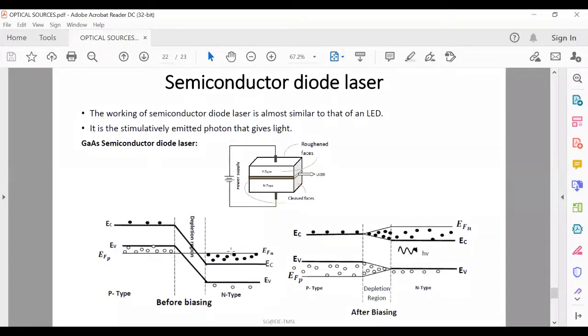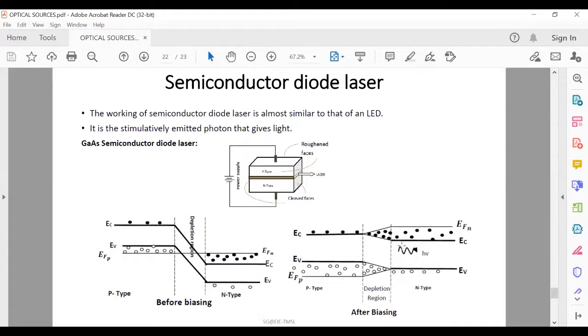Now when the diode is forward biased, the charge carriers are injected into the depletion region, and a large current flows through the diode as it is heavily doped. Population inversion is achieved in this way at the depletion region between the electrons and holes, and the recombination of electrons and holes in the depletion region emits a stimulated photon.